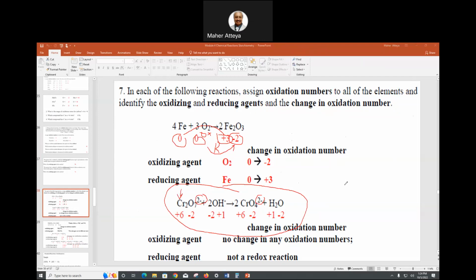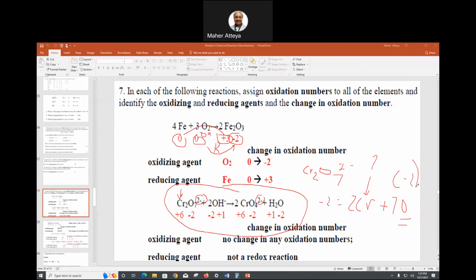Well, you have to do some calculation. The whole charge on the dichromate, Cr2O7, is minus 2. So minus 2 equals 2 chromium plus 7 oxygen. I don't know what chromium is, but I know oxygen is minus 2 all the time.